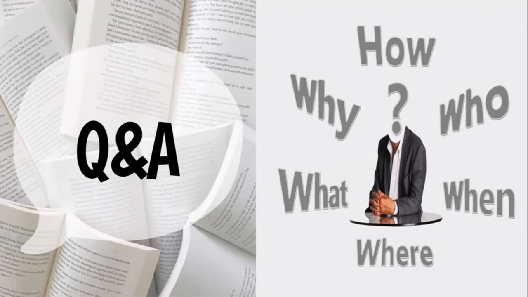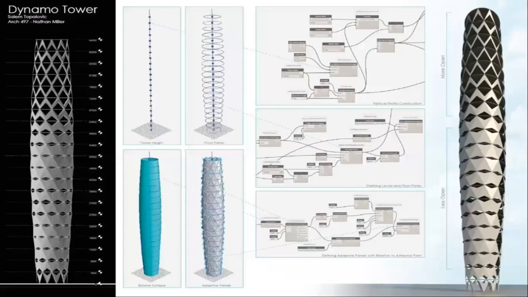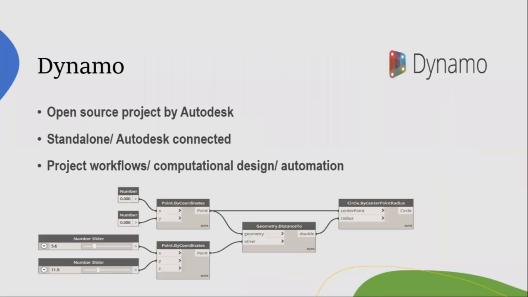Can I get to know the major use of Dynamo? Dynamo can be used as a standalone software as well as complementing Revit. It can be used to develop or create project workflows, and also for computational designing, wherein we define mathematical relations between geometries and data.